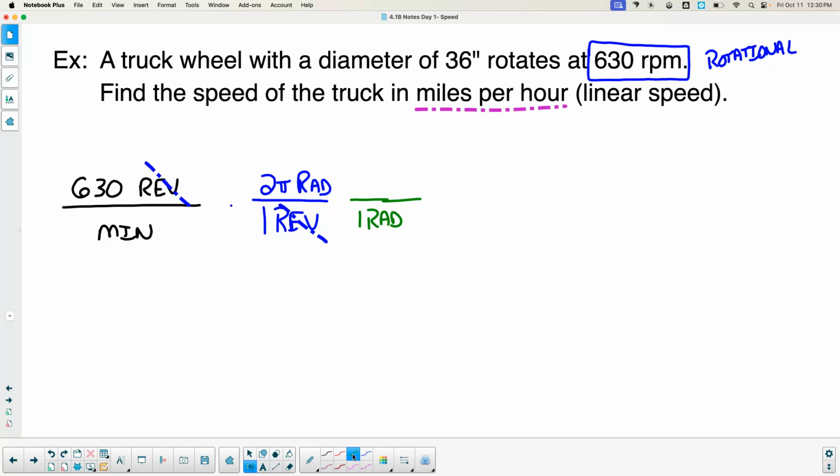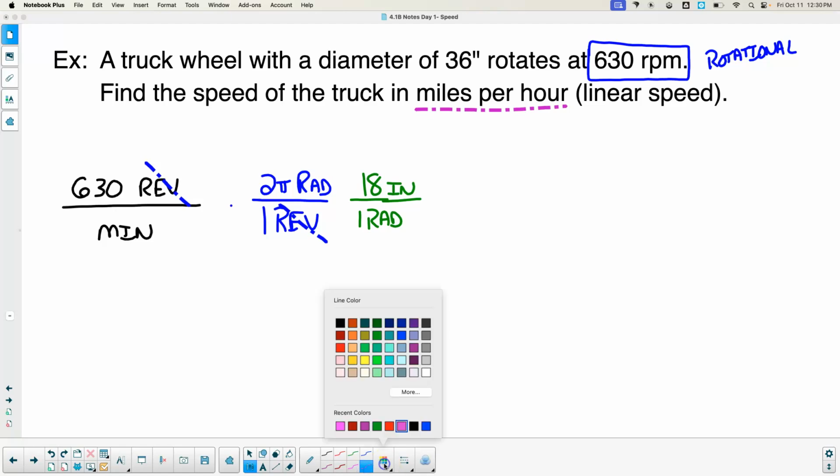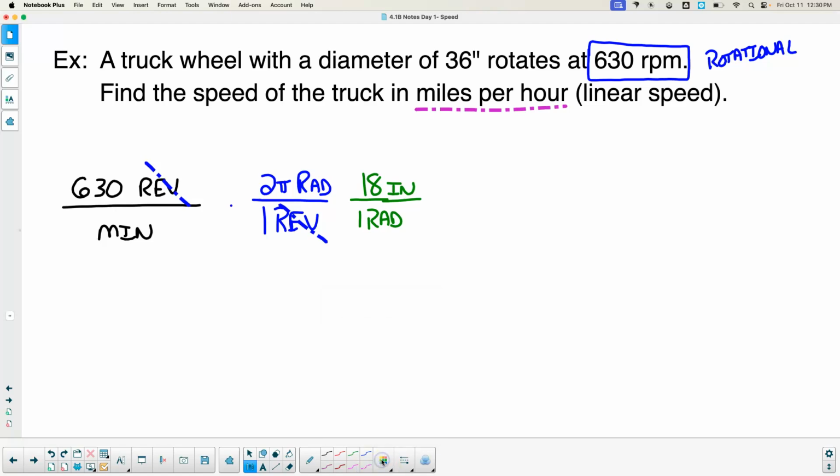Why is it 18 and not 36 as everybody so quick was to answer? 36 is the diameter, not the radius. So the radius is 18 inches. Now I'm in inches per minute.